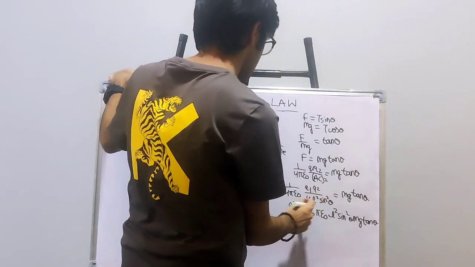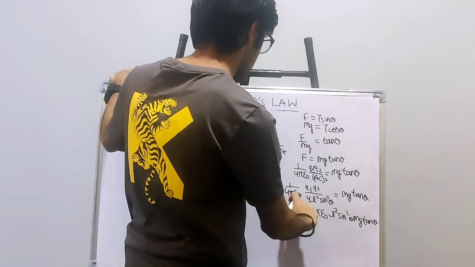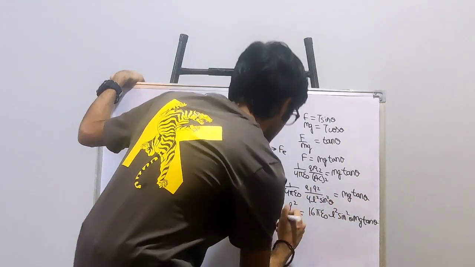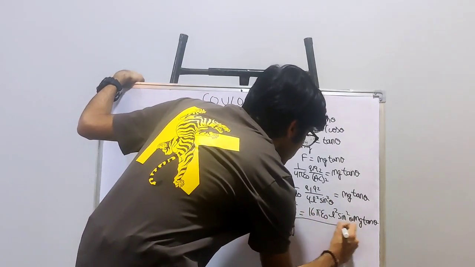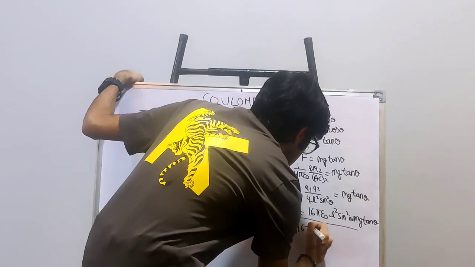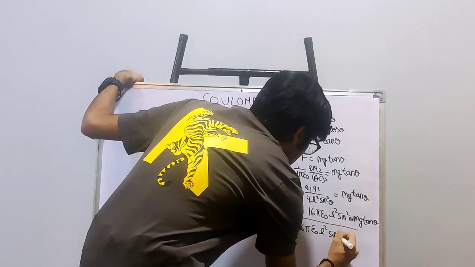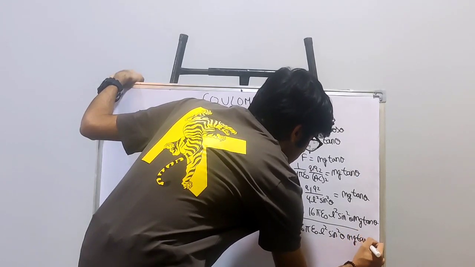I just cross multiplied. So q would be the square root of 16 pi epsilon naught L squared sin squared theta mg tan theta.